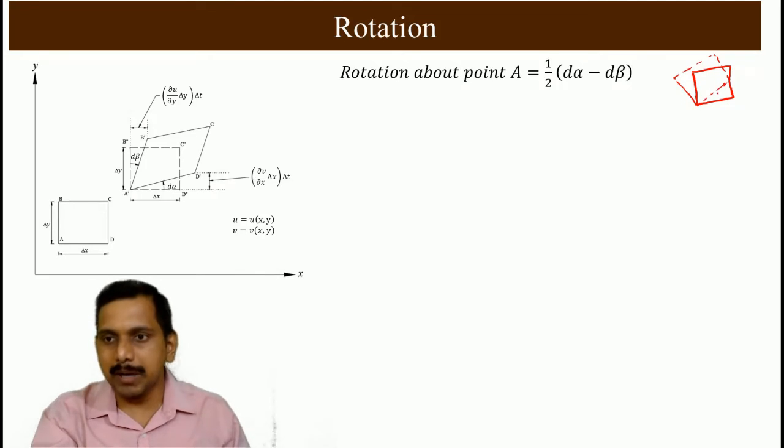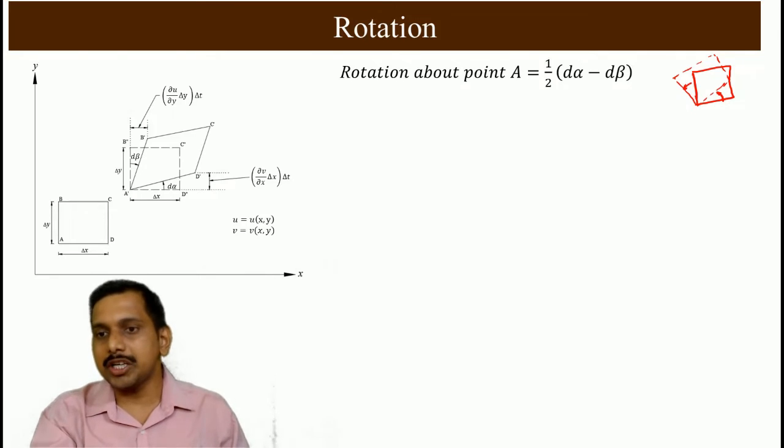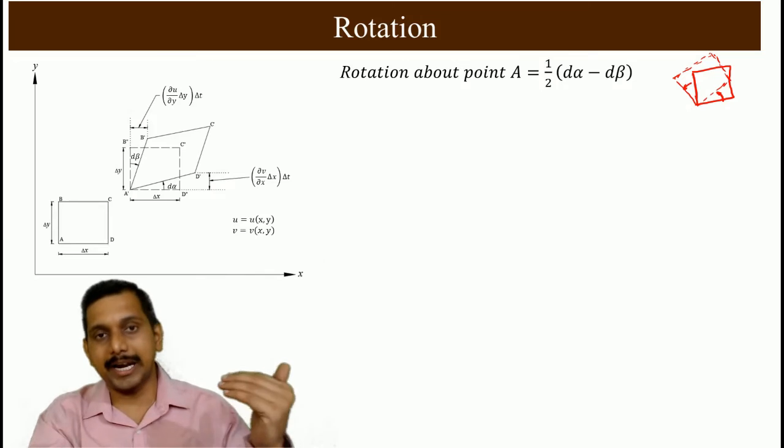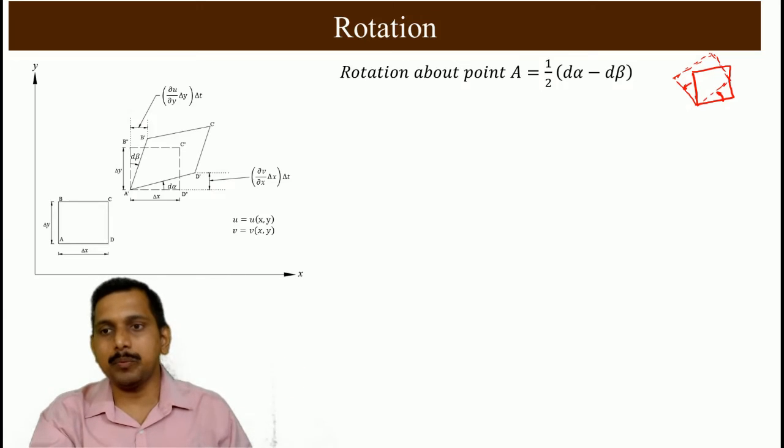It would have rotated by an angle like this and this one. What is the rotation here? If it doesn't deform at all and it only rotates, then the rotation would be this angle alpha and this angle beta, correct? So it would be alpha plus beta divided by 2.